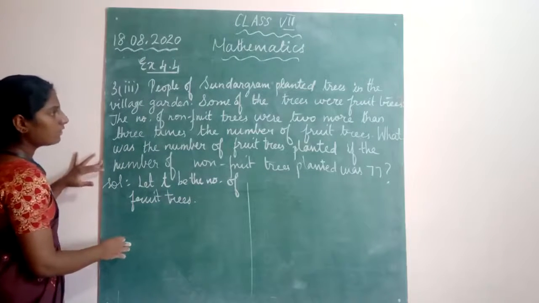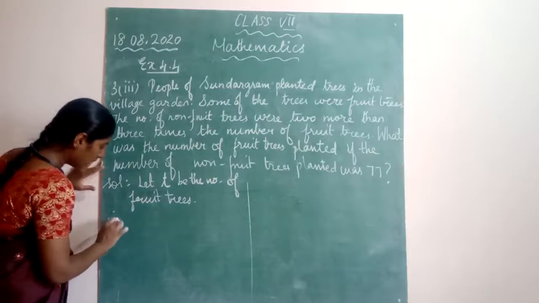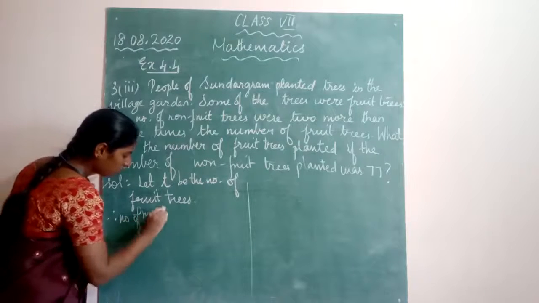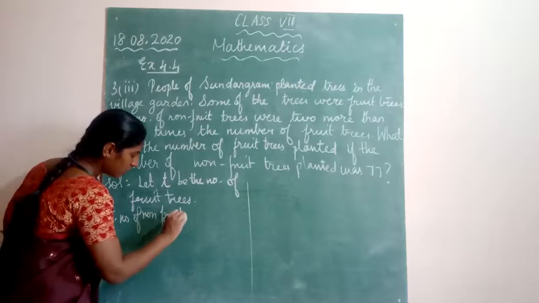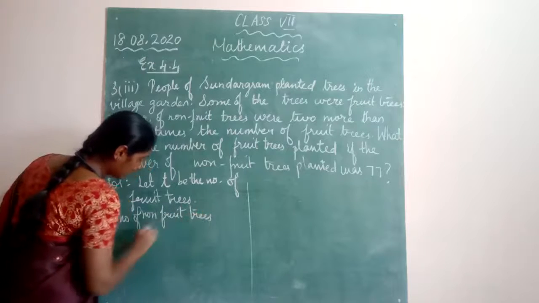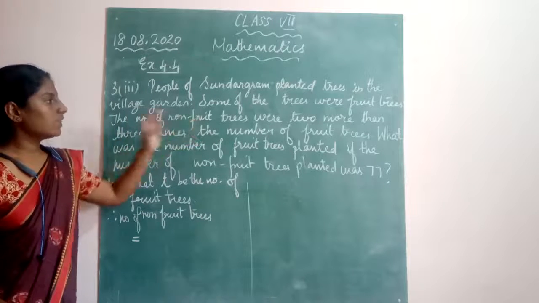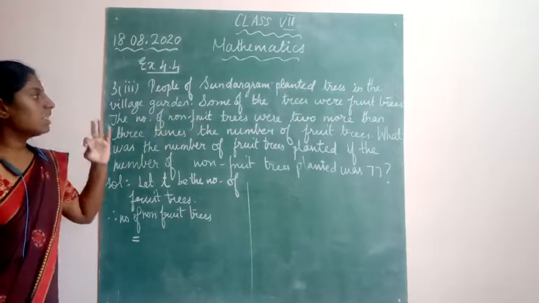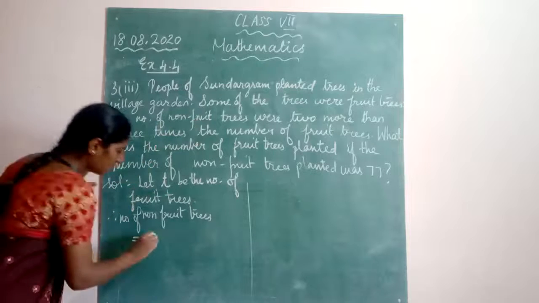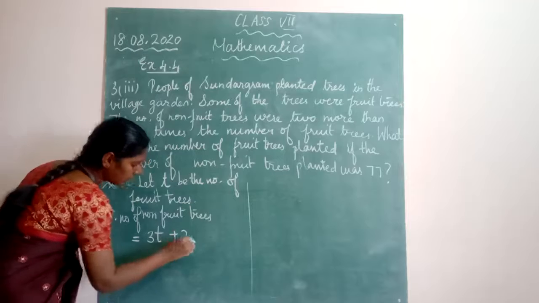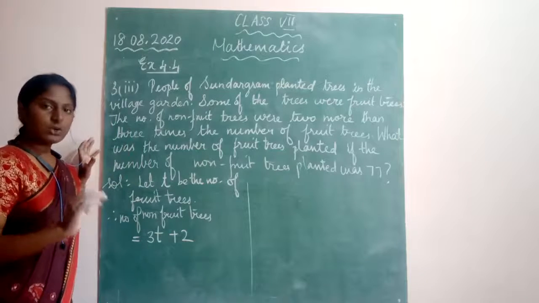You have therefore number of non-fruit trees equal to, so it is given that number of non-fruit trees were 2 more than 3 times the number of fruit trees. So 3 times the number of fruit trees and 2 more than it. That is 2 more means 2 added to it.